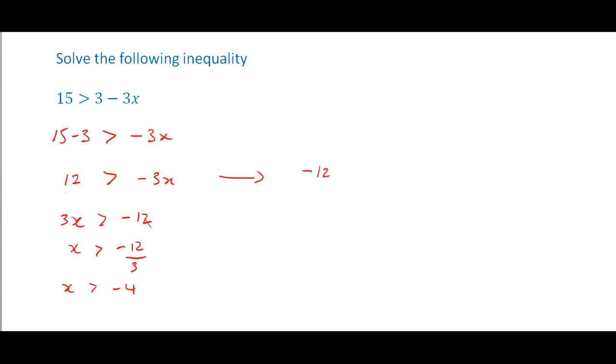So minus 12 is, now because we are dividing by minus 3, you have to change the sign to a less than sign, and we end up with x on this side. Right? Now if we read the solution from left to right, it is x is greater than minus 4. And if we read the solution in this direction, we are saying x is greater than minus 4, which is the same solution.